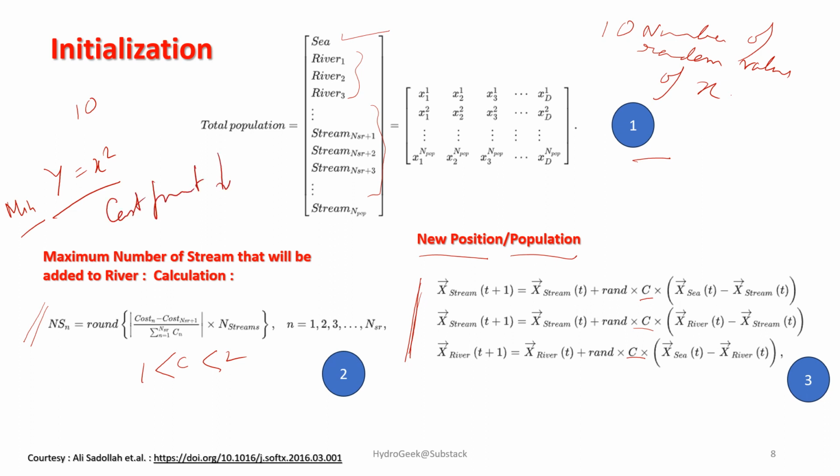And the cost function is always minimized, not maximized. It is very common. So the value of x for which y is minimum will be the most optimal value of the objective equation.